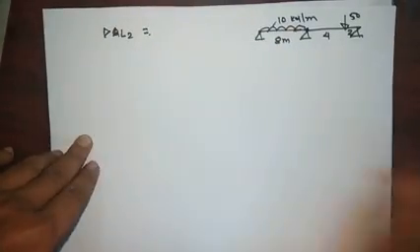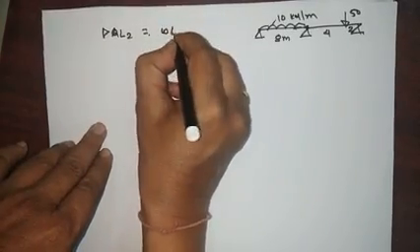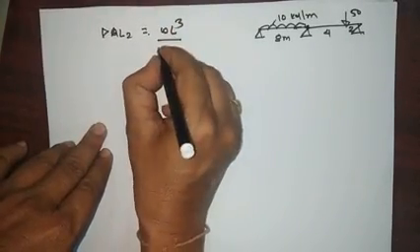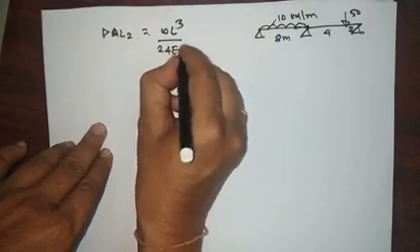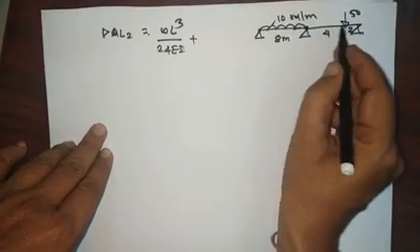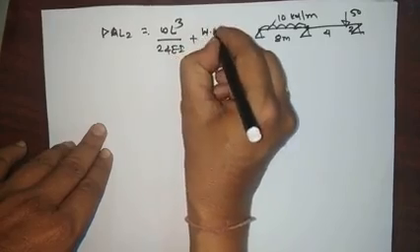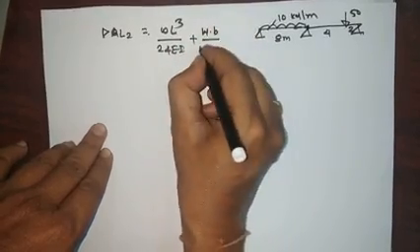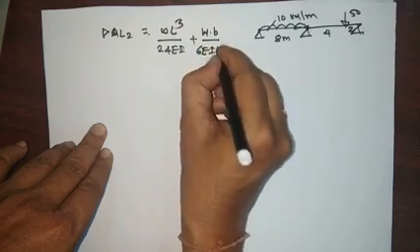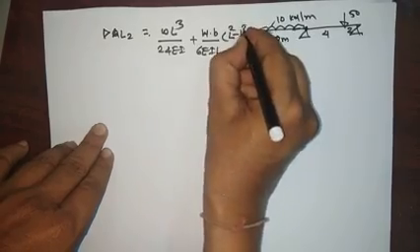So for this we know again the slope is WL cube divided by 24 EI, and for this point load the formula is W into B divided by 6 EIL, in bracket L square minus B square.